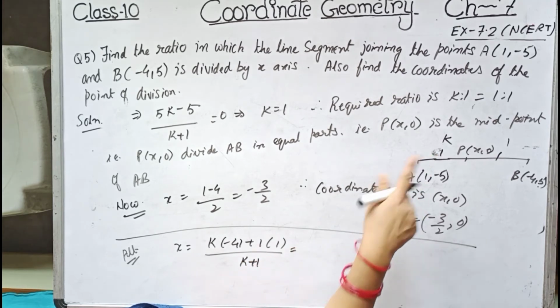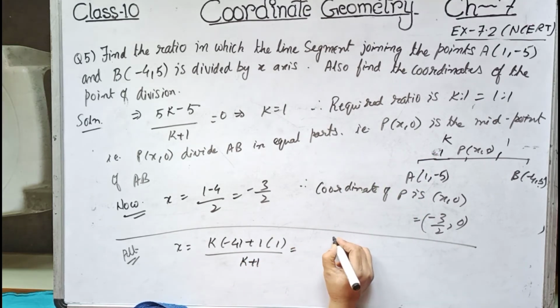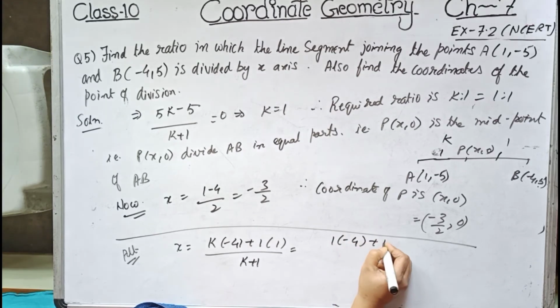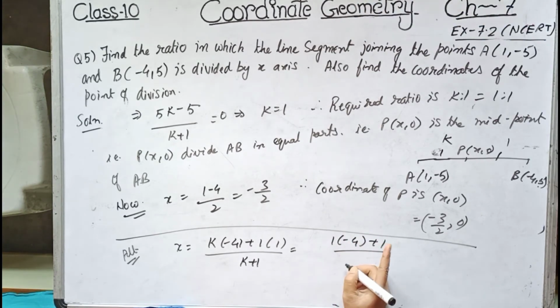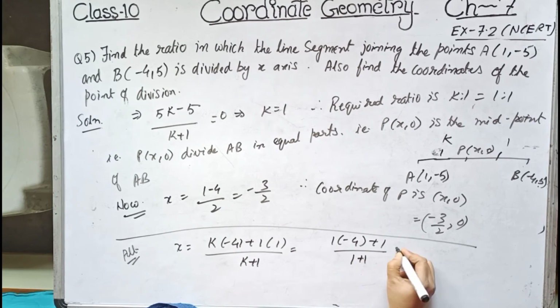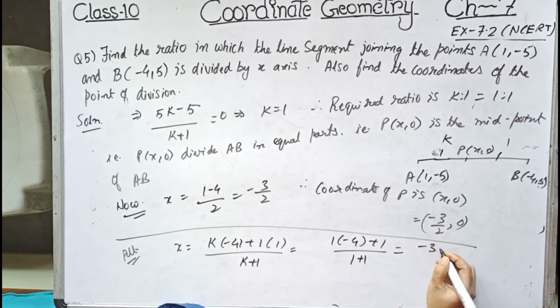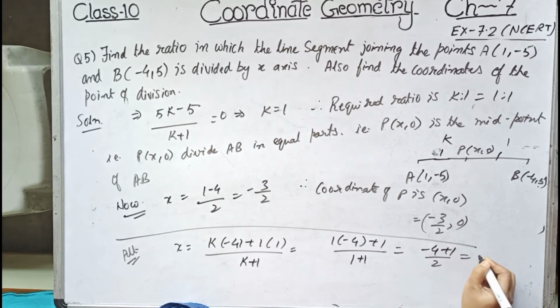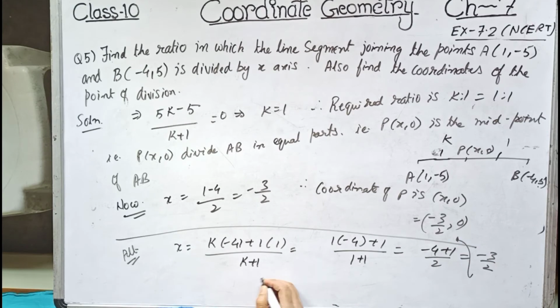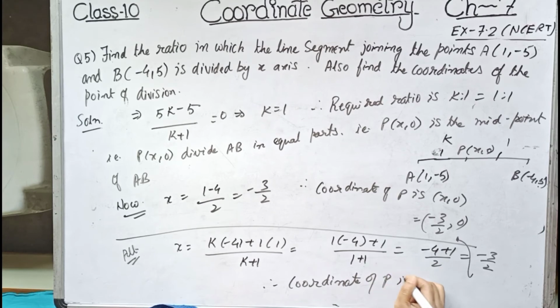Here the value of k is coming as 1, so we put 1 in place of k: (minus 4 plus 1) by (1 plus 1), that is minus 3/2, which is coming the same. So the coordinate of P is (-3/2, 0).